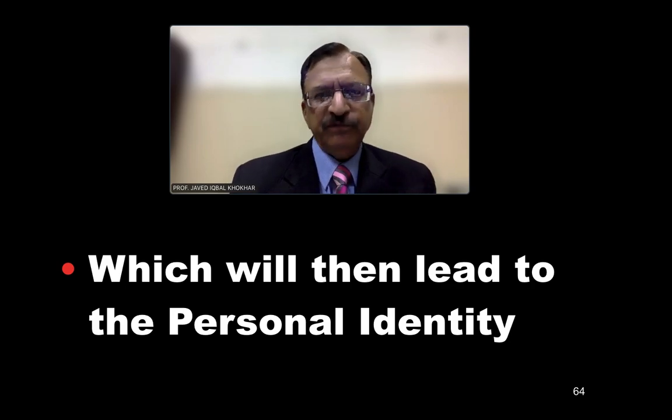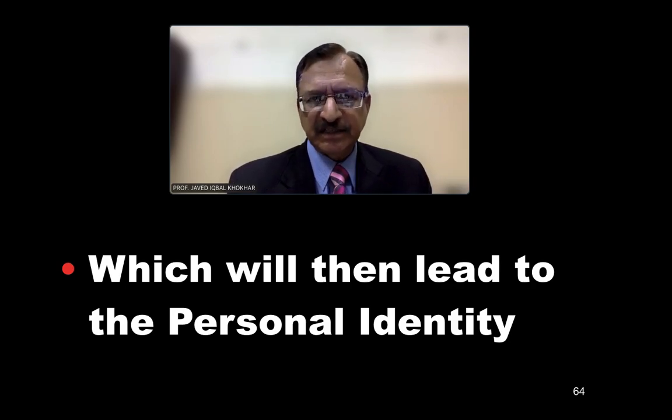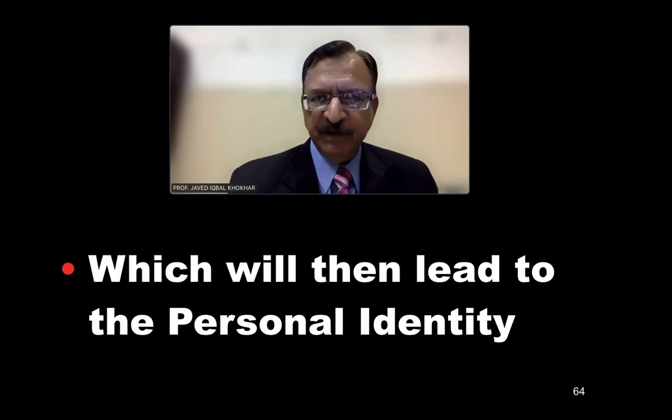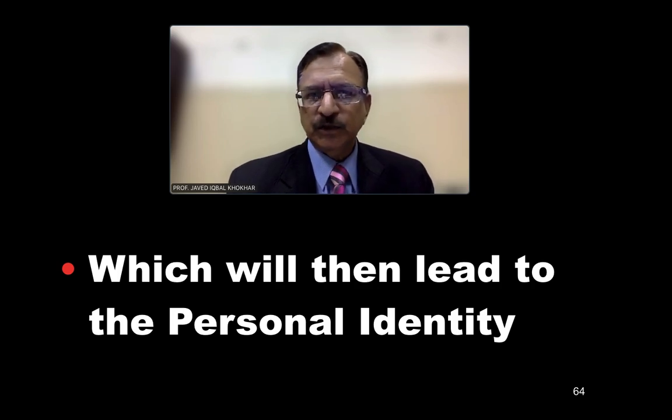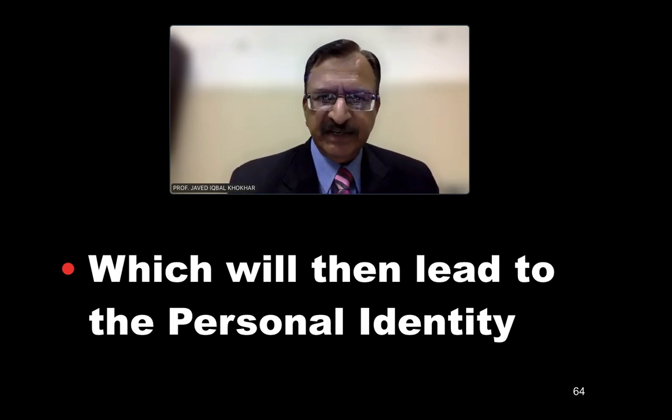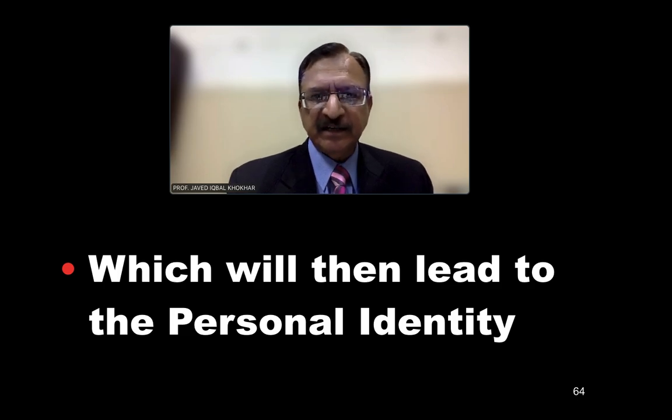Then if we find a trace somewhere and we establish the identity of that trace through its blood grouping, through its DNA, then the identity of the trace will lead to the identity of the person.